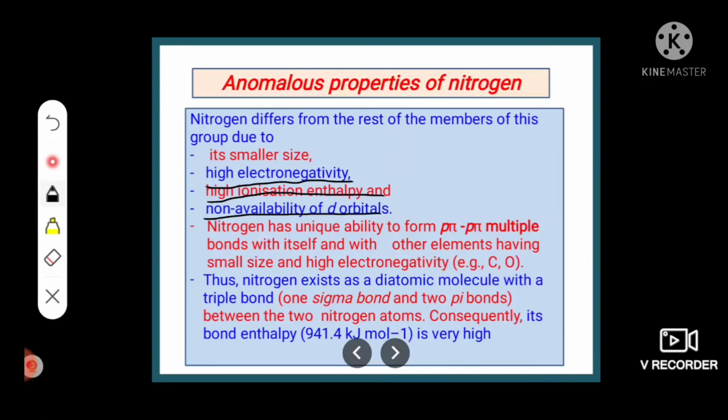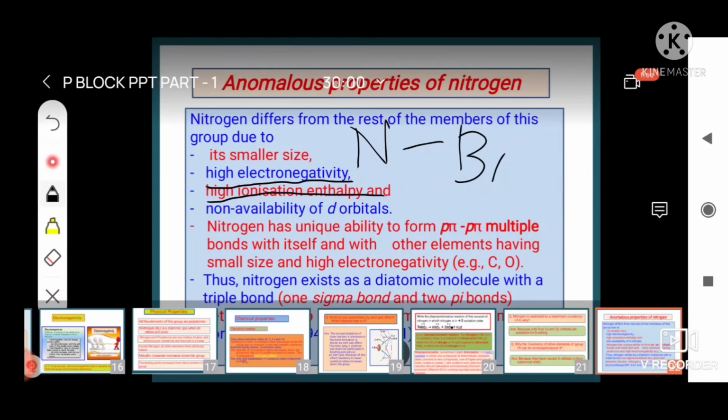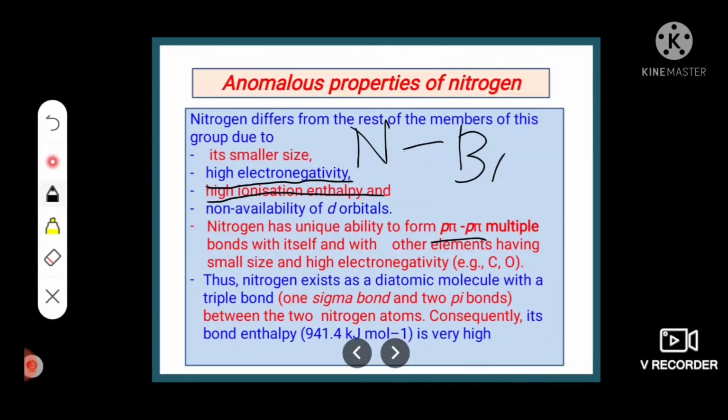Nitrogen and phosphorus form covalent compounds, and the strength of the covalent bond decreases from nitrogen to bismuth. Nitrogen can form p-pi multiple bonds with itself and with carbon and oxygen.